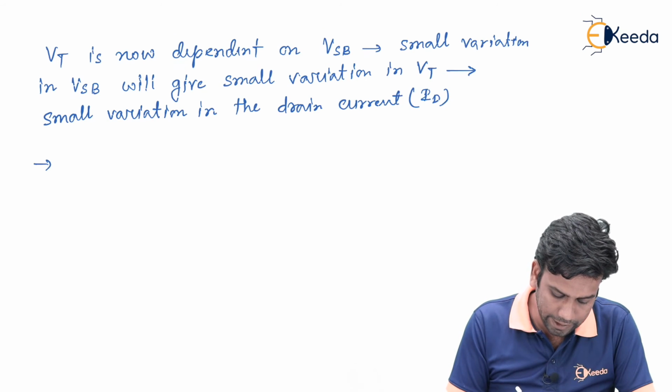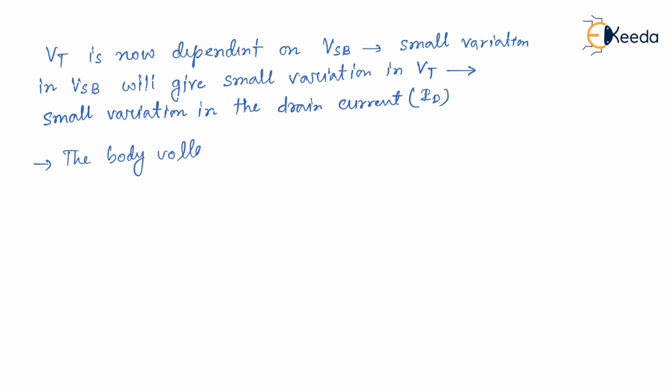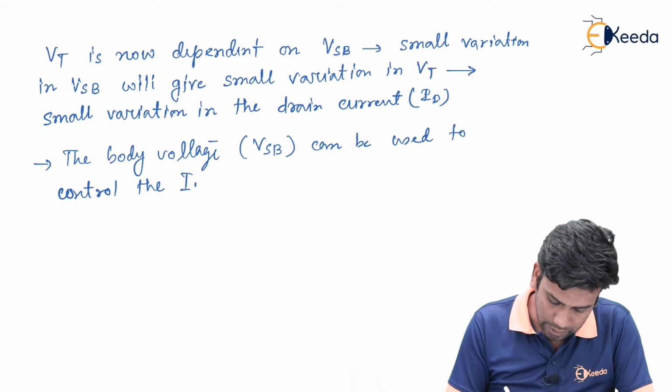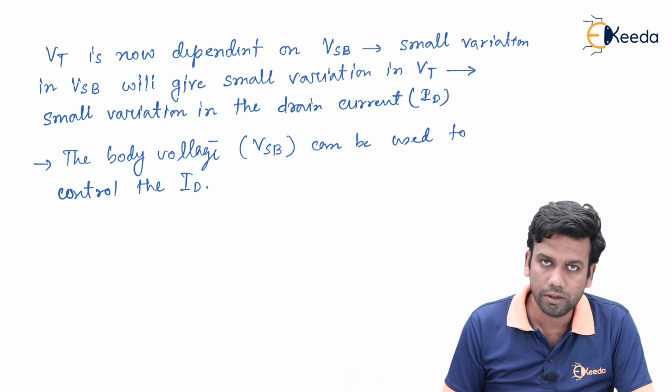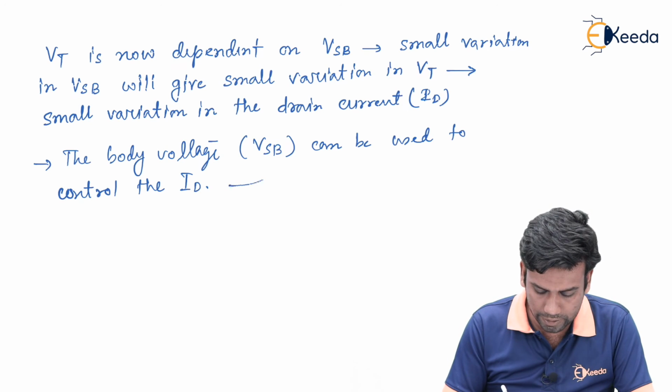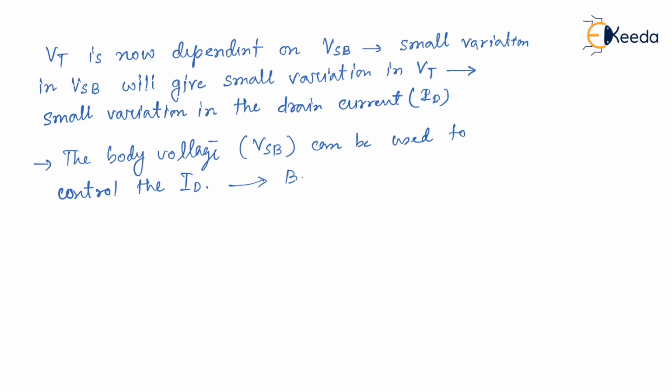So we can say now the body voltage, that is Vsb, can be used to control the drain current ID. So this effect of the body on the drain current of the MOSFET is called the body effect.